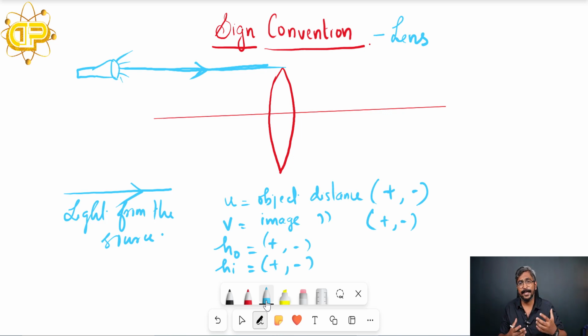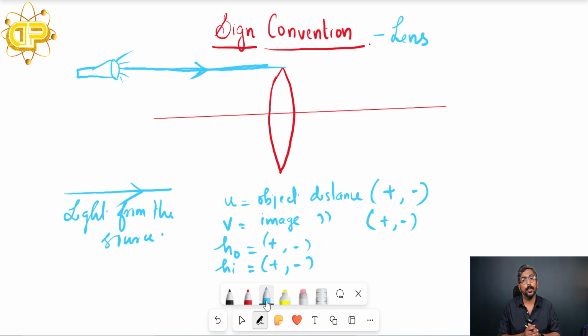Why do we need to assign positive and negative values? The main idea of physics behind this is that these all are directions. So we need to have a particular value, positive or negative, because in the next session we are going to study the lens equation. In that lens equation we need to assign these values and get the correct answer.